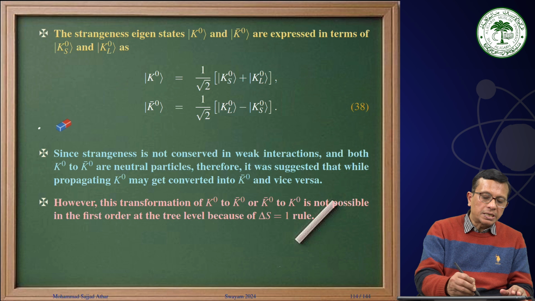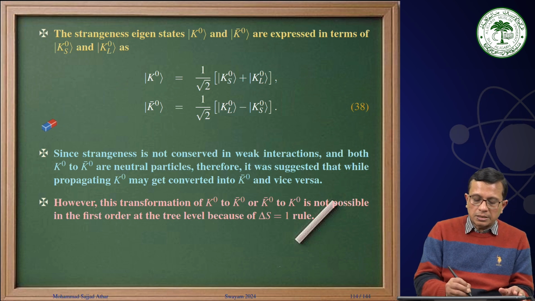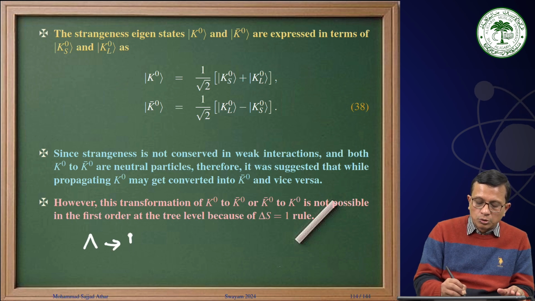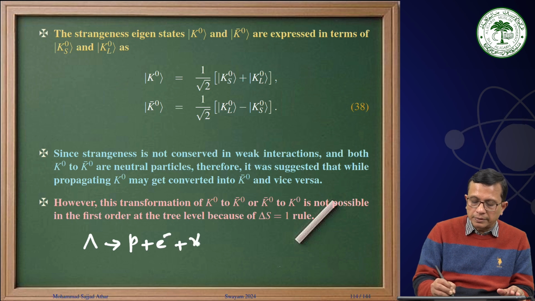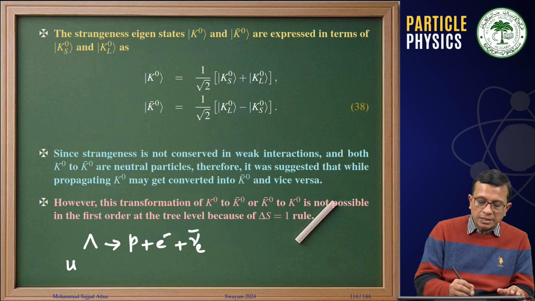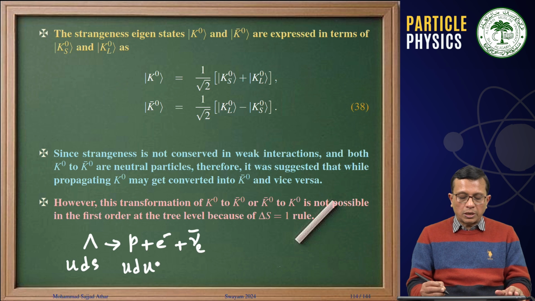But for completeness, to understand the delta S equal to 1 rule, let me give you another example: a lambda particle decaying into p plus e- plus anti-nu_e. Now, what is a lambda particle? It is made up of uds quarks. What is a proton? It is a udu quark combination.